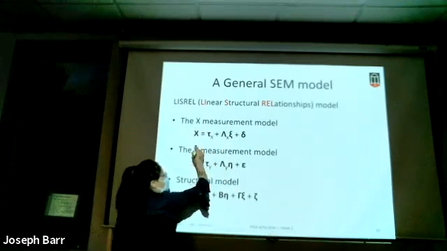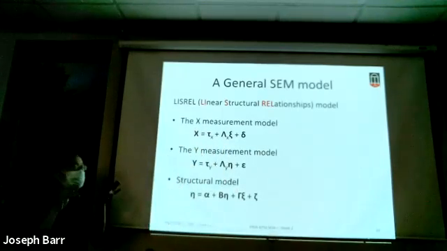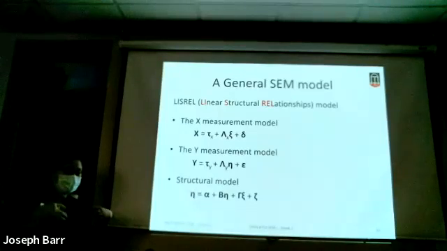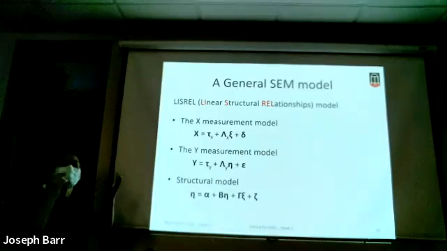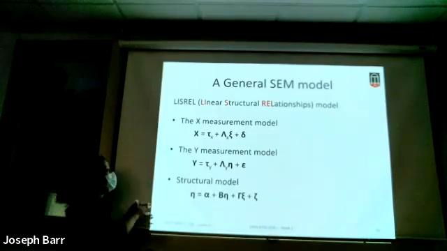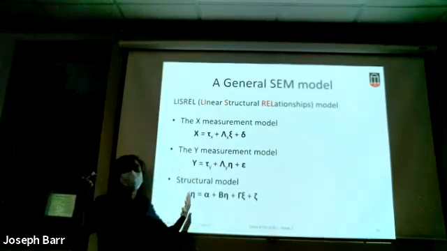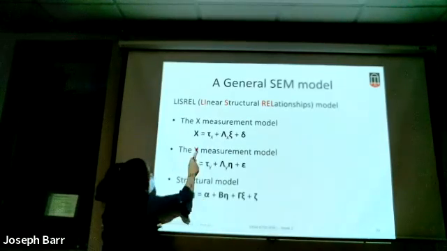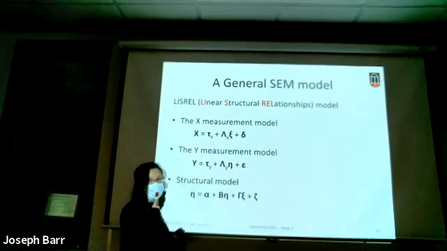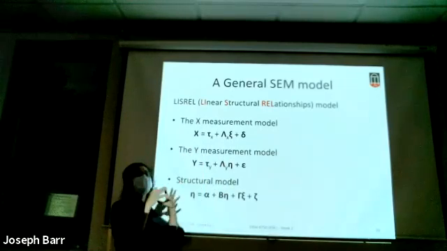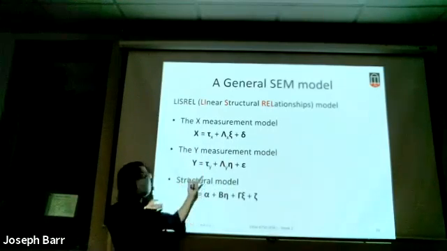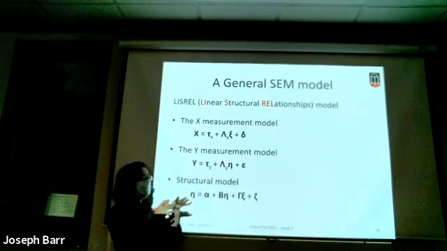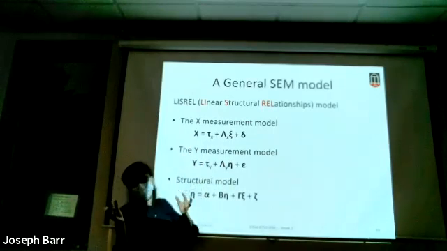The X measurement model is mainly for exogenous variables, or you can treat this part as the independent variables or predictors part. You also have the Y measurement model, which is for endogenous variables, mainly for the dependent variable part.